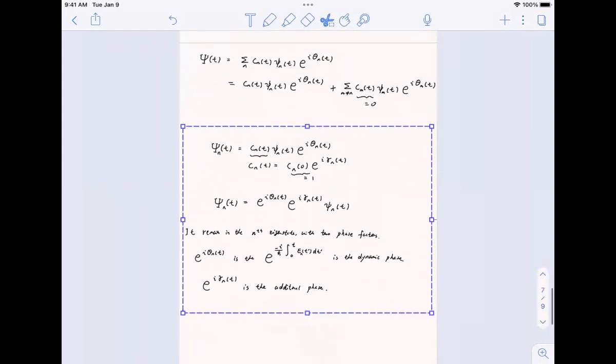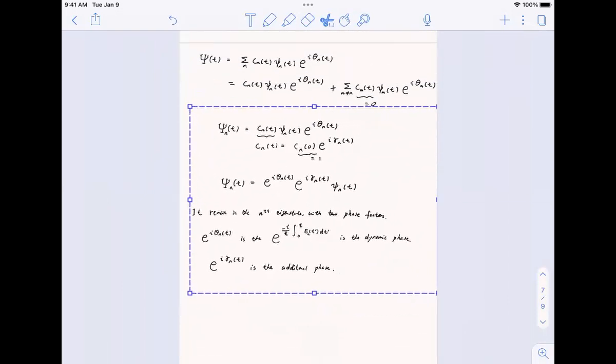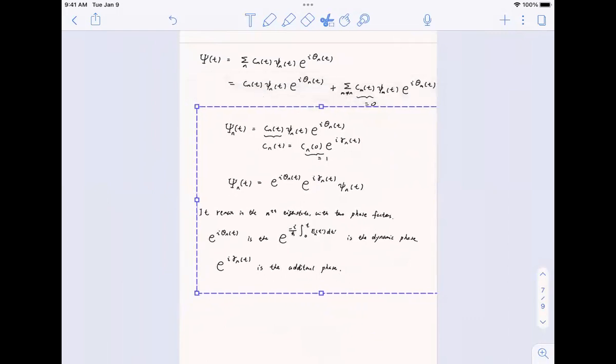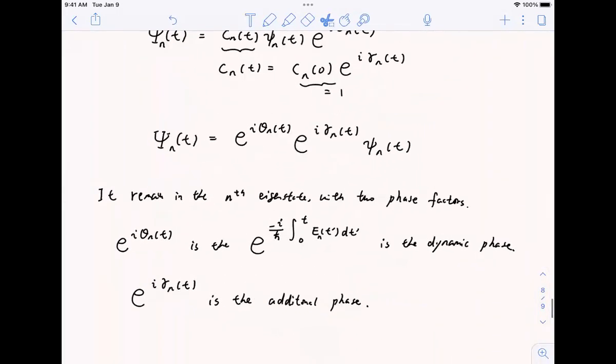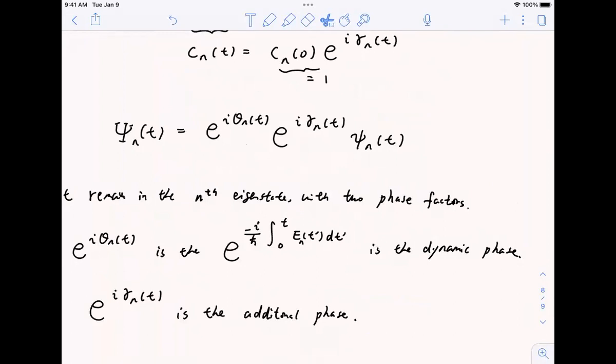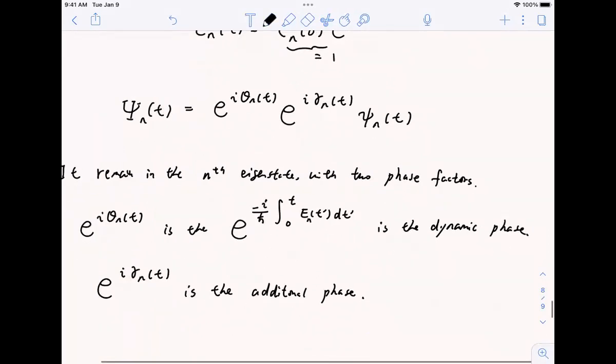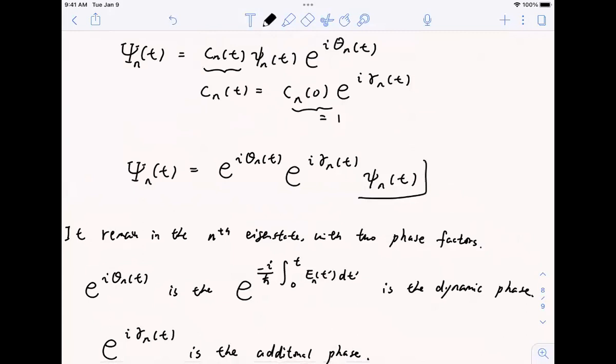Okay, so we're done with the adiabatic theorem. Basically, the theorem says that if your Hamiltonian evolves very slowly, the new state will be the same as the initial eigenstate, but it will pick up two phases. One is the dynamical phase, and the other is an additional phase.